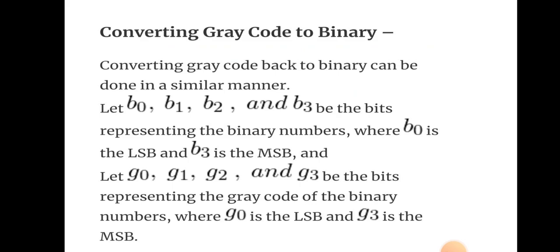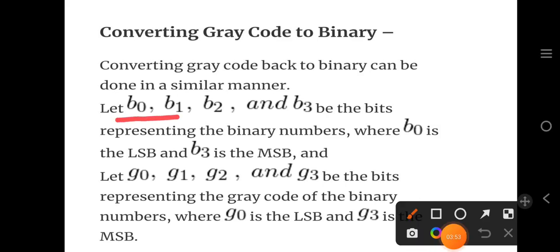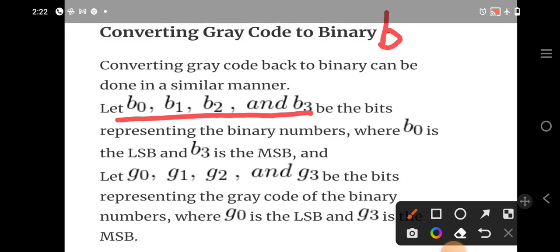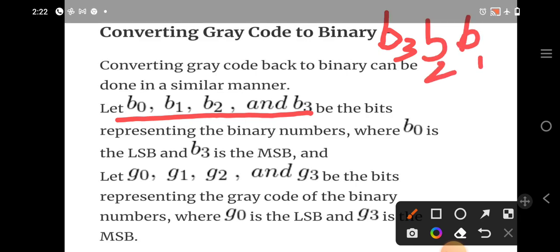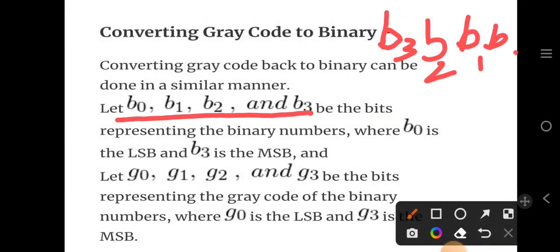Let B0, B1, B2 and B3 be the bits representing the binary numbers, where B0 is the LSB. So if you consider these 4 bits, B0, B1, B2 and B3, how we have written that in the truth table, we write this as first B3, then B2, then B1 and then B0.